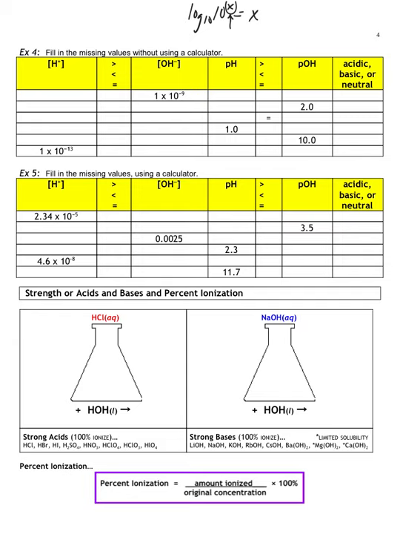So when you take the negative log, which is your pH, you can easily find your values without a calculator, as long as your scientific notated number has a 1 in it.